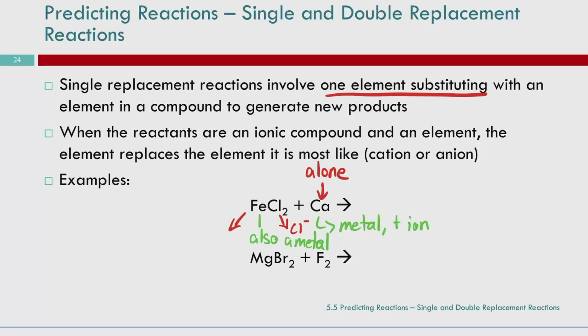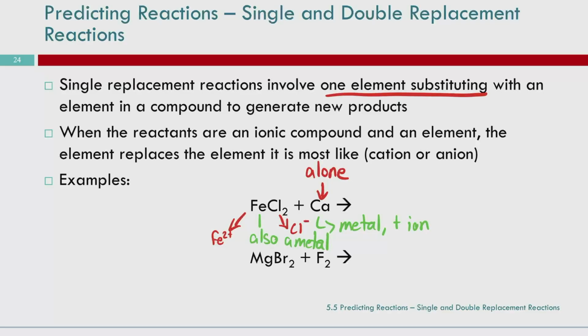We have two of them, so we have a total of a 2 negative charge that we need to balance with our iron. So our iron has to be iron 2+. That's why I said iron 2 chloride earlier. We'll be doing this especially in double displacement reactions coming up next.